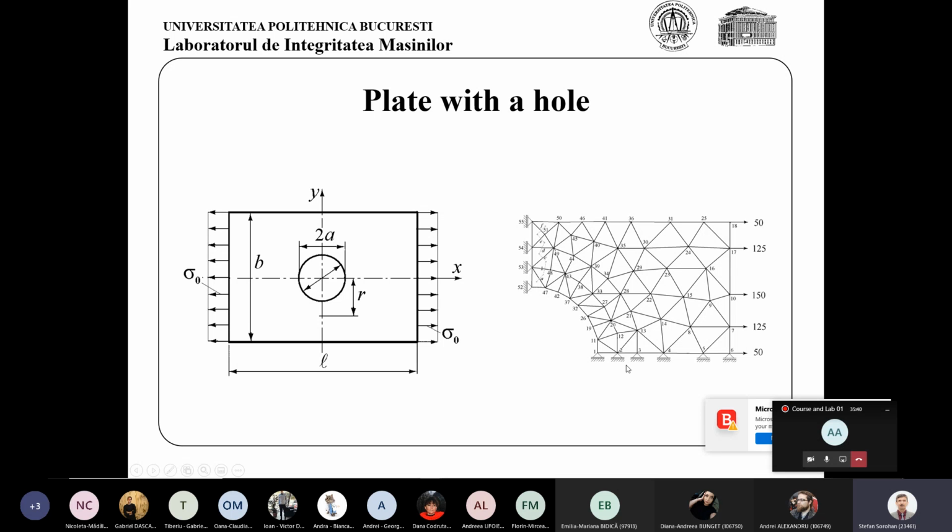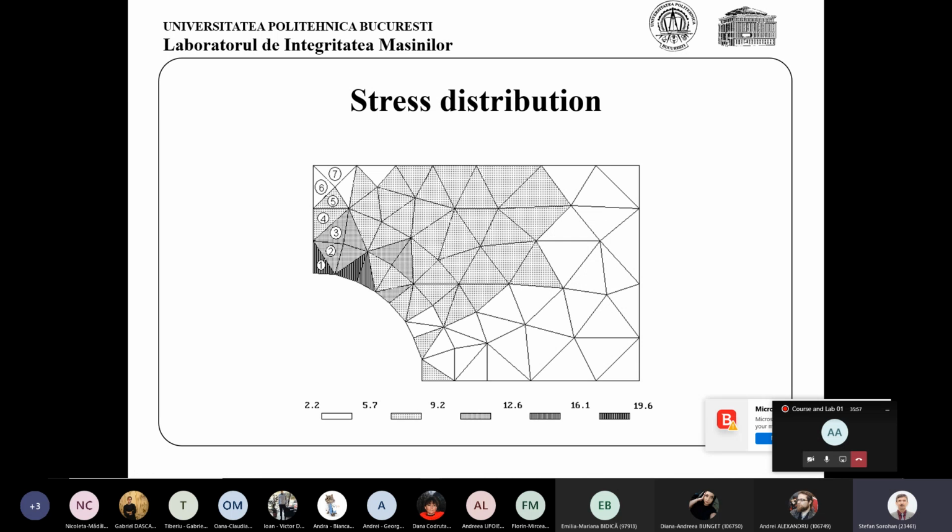So these points here move only along X, and they are fixed along Y. These points here can move only along Y, and they are fixed along X. And we can obtain, let's say, the stress distribution as in this picture with different colors.